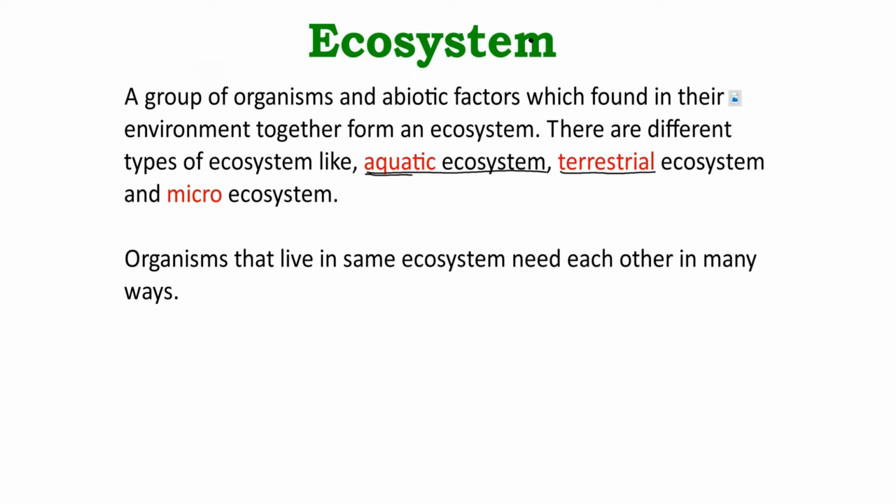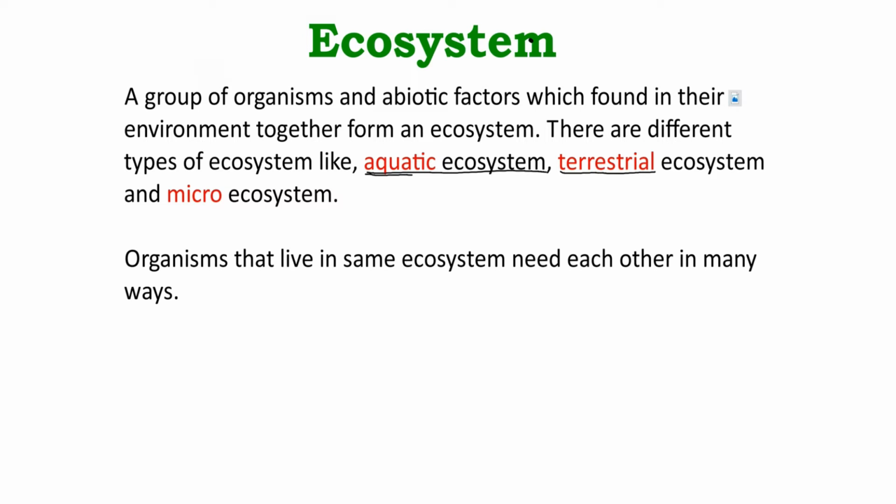So a land ecosystem can be a cave or a desert or a forest. And micro ecosystem, a small place where some living things continue their life. It can be a part of our body or the bark of a tree. Some bacteria live in our large intestine, so the large intestine is a micro ecosystem for these bacteria.